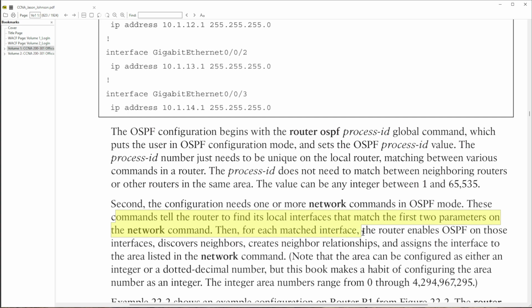Then for each matched interface, the router enables OSPF on those interfaces. That's handy. So do I have to do anything in the interface itself? For each matched interface, it discovers and creates neighbor relationships. Well, that's handy. I guess that's the point of a routing protocol, that it does stuff for you rather than static.